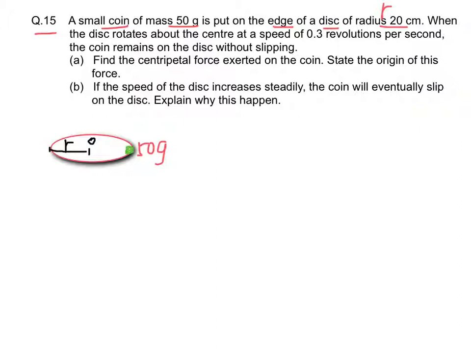When the disc rotates about the center O at a speed of 0.3 revolution per second, the cone remains on the disc without slipping. 佢唔會跣走。Part A. Find the centrifugal force exerted on the cone, Fc. State the origin of this force.